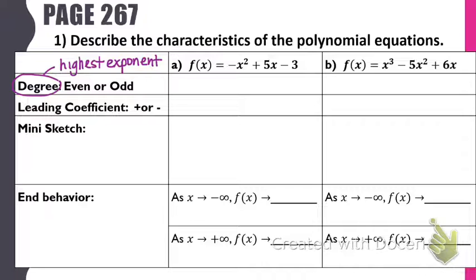And in this example, for part A, we'll do the first column first. We'll look at column A. The highest exponent is 2. So it's 2. And is 2 an even number or an odd number? Even. So the degree is even.